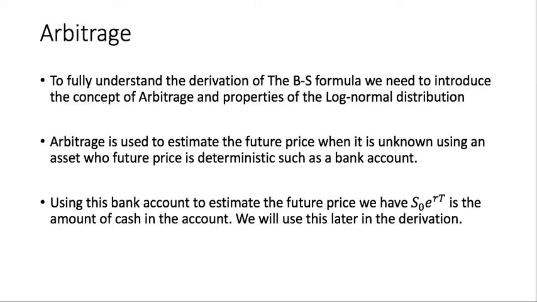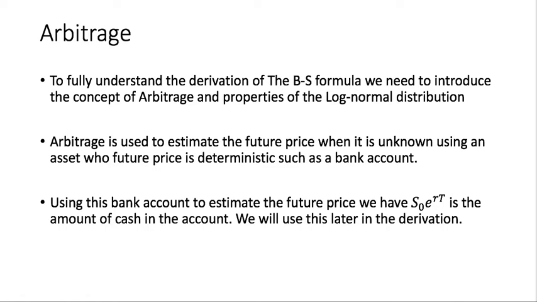One of the concepts we have to go over first in order to understand the derivation is arbitrage. The definition of it is that it is used to estimate the future price of an asset, such as an option price, when the future price is unknown. By doing this, we use an asset whose future price is deterministic, such as a bank account amount.